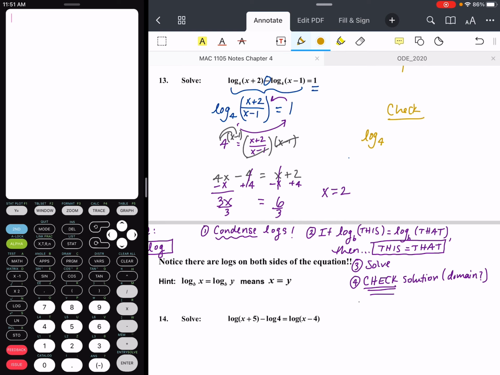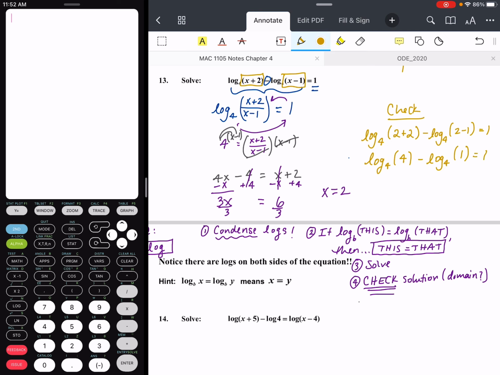Log base 4 of (x + 2) would be log base 4 of (2 + 2) minus log base 4 of (x - 1), which would be log base 4 of (2 - 1). So this is log base 4 of 4 minus log base 4 of 1 equals 1.